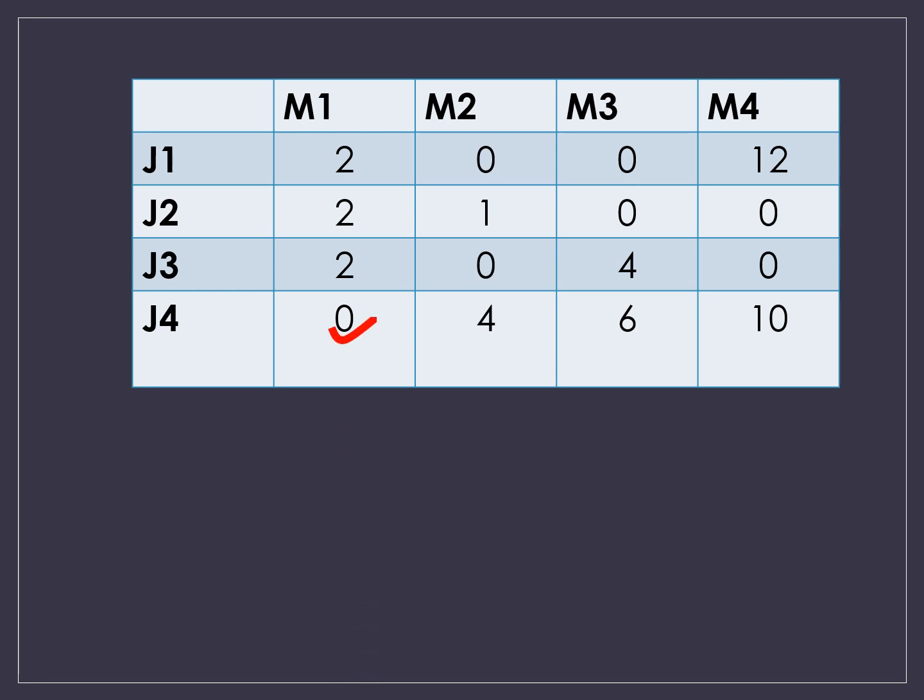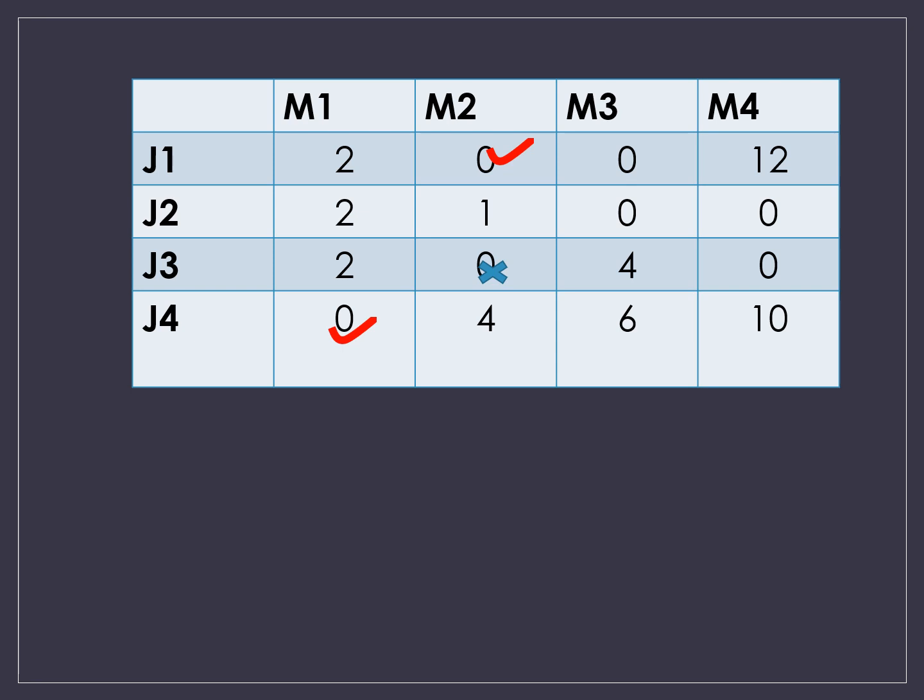Then we go for machine 2. When it comes to machine 2, there are 2 available options. First, we can allocate machine 2 for J1, or if not, we can allocate machine 2 for J3. If we select machine 2 for J1, we won't be able to allocate it for J3.